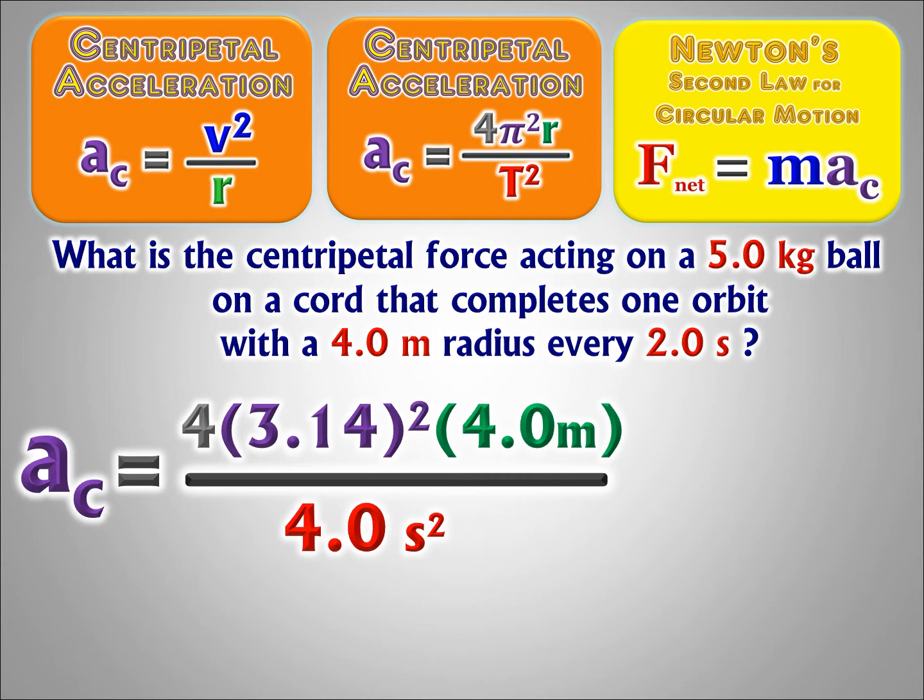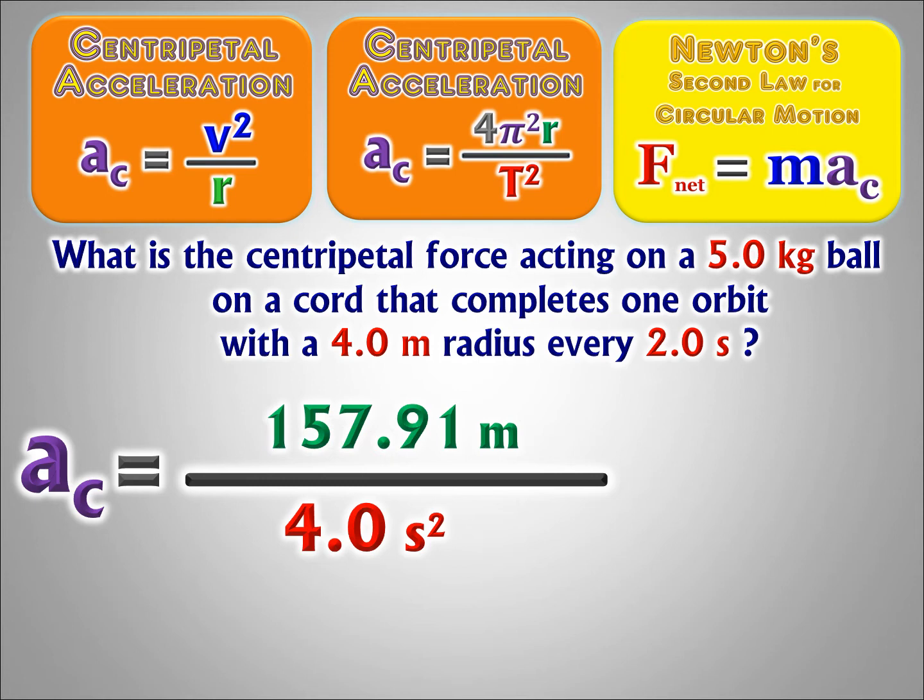Let's just multiply that all at once. Like I said, pi squared is 9.86, and then times 16 will give us, oh, what's our unit going to be? Well, we only have one unit up there, and that's going to remain. It's just meters. So we wind up with 157.91 meters. Is that what you got? If you multiplied, hopefully that's what you got. And then, of course, when we divide these, it'll be meters divided by seconds squared.